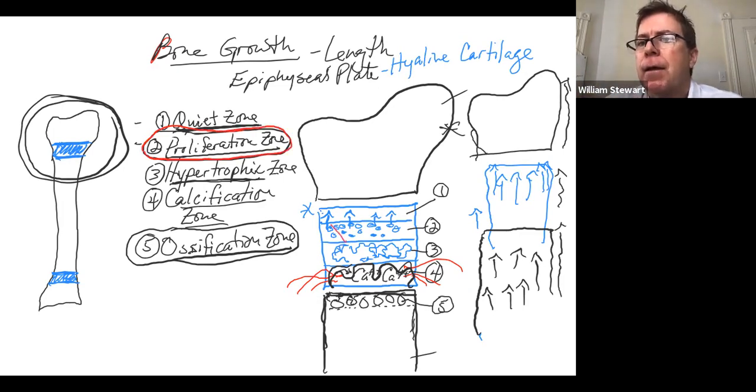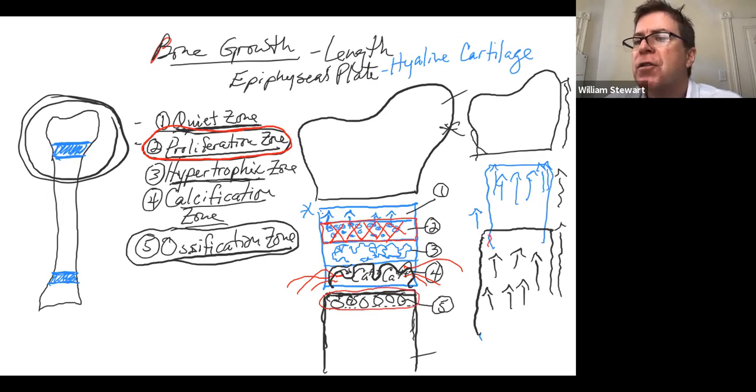So at the end of our growth spurt, whenever it is, late teens or whatever, hormones tell the proliferation zone to stop making new cartilage. But this area, the ossification zone, keeps chugging right along.